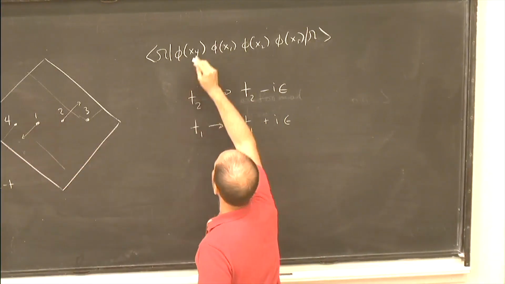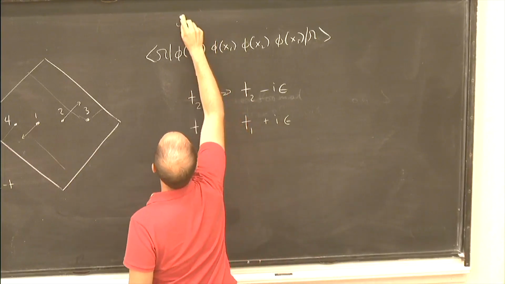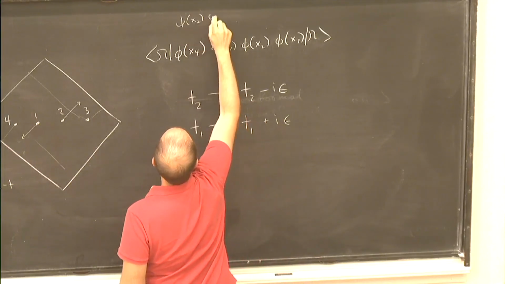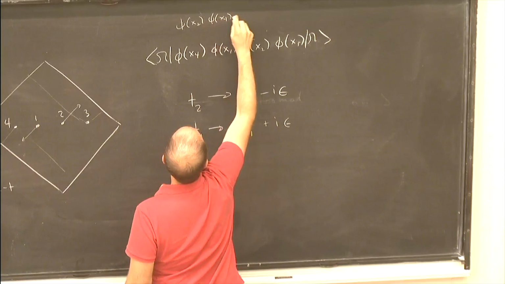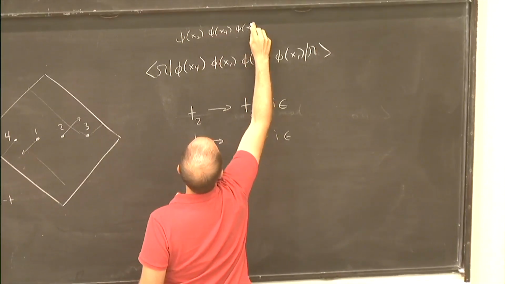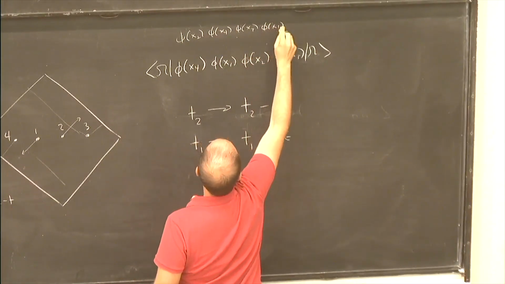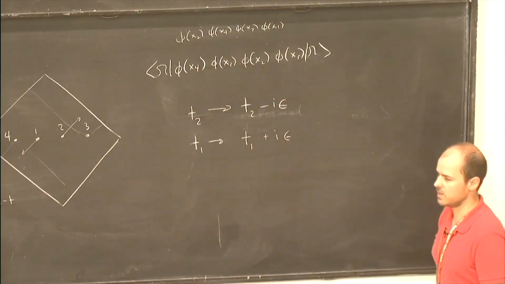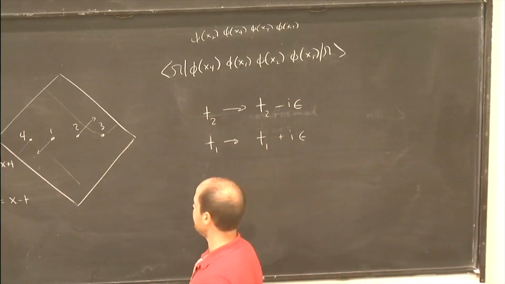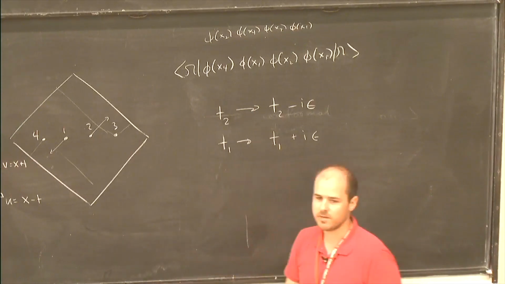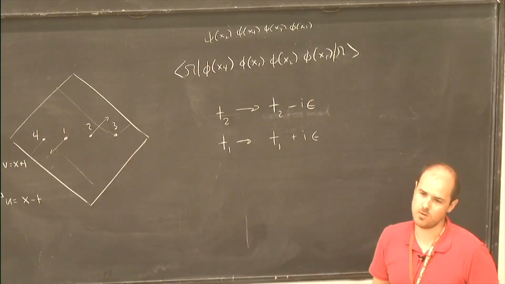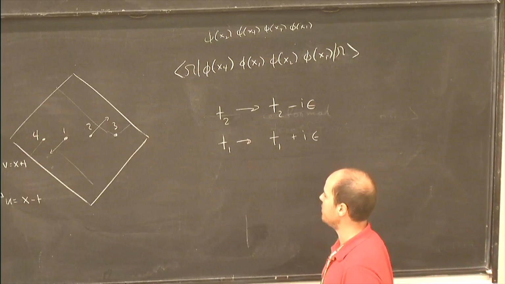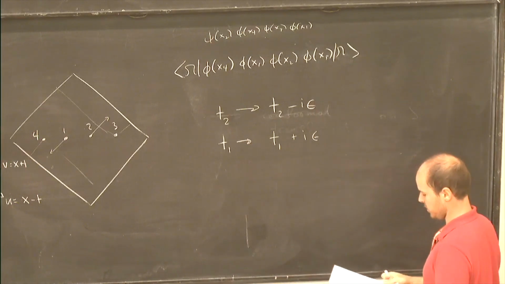So the actual correlator we're computing is 5x2, 5x4, 5x3, 5x1. But this will be equal to this in the kinematics we're interested in, because operators at space-like separation commute. If I wanted, I could have just given all the operators some I epsilons and ordered the I epsilons in the right way, and that would have been just a little bit more annoying. So we're just going to do this.